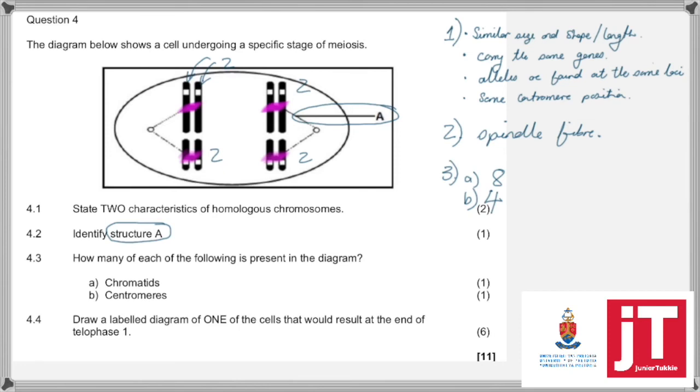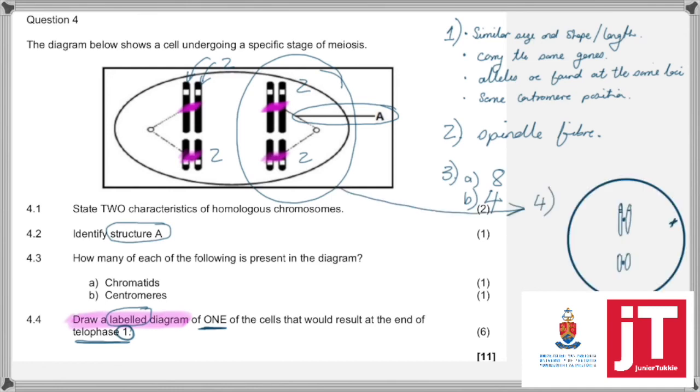If we're looking at telophase 1 and we're drawing only one cell, we should be able to do this quite easily. There I've circled the 1/2 of the meiosis taking place here, because in telophase 1, that is what I'm going to need to illustrate in one of the cells that would result after telophase 1.